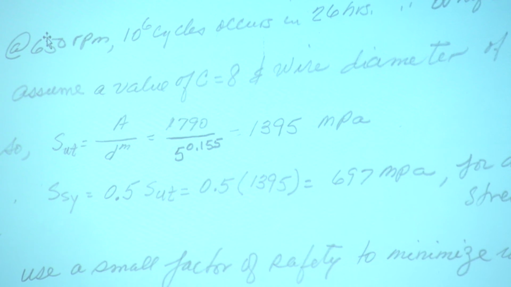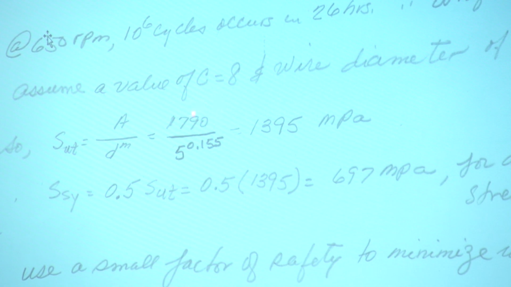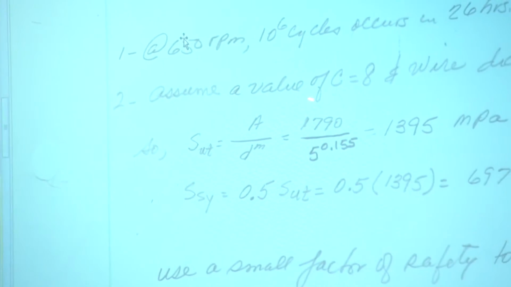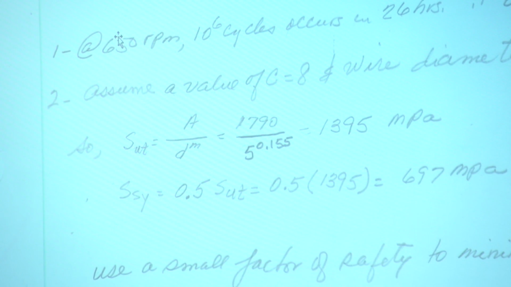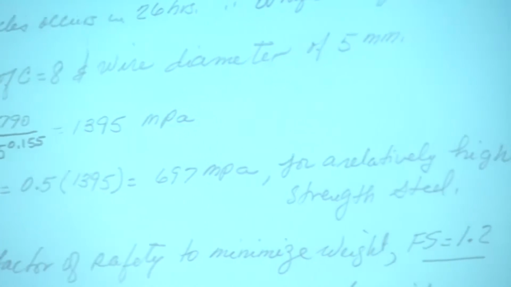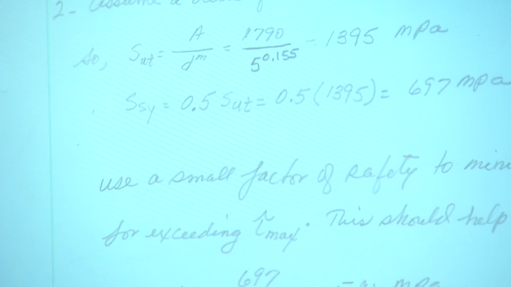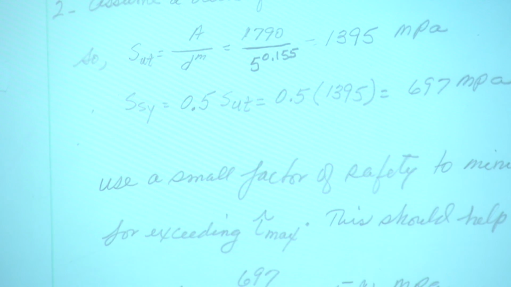You may find in your books that some of these numbers are a little bit different than what's in the book now. These are numbers from the previous edition. But they are taken from the table in the book. Even if you see the discrepancy, don't be alarmed by that. They are strictly from that table that gives you A and m. If you have a high strength steel, then the yield strength and tensile strength are closer to one another.